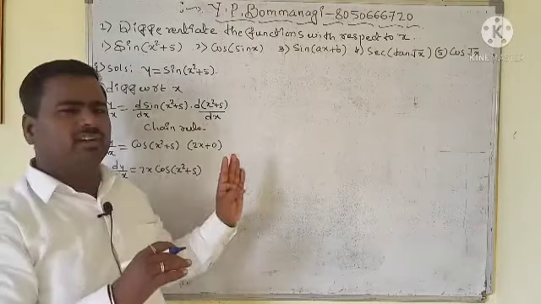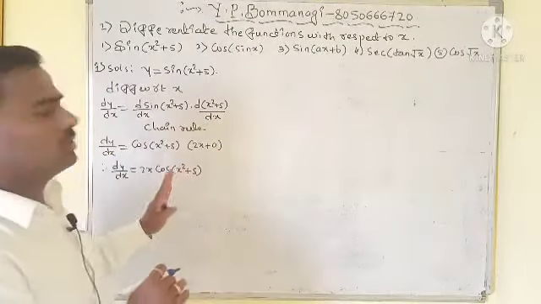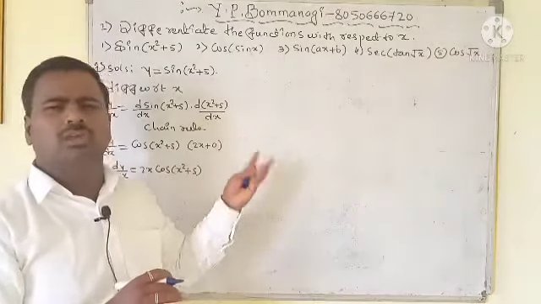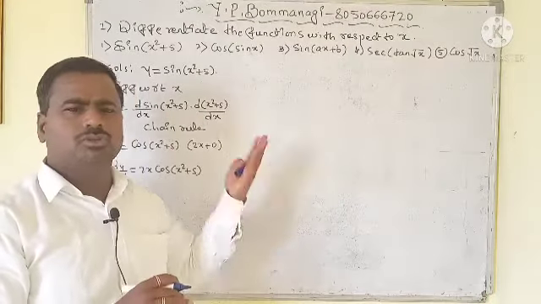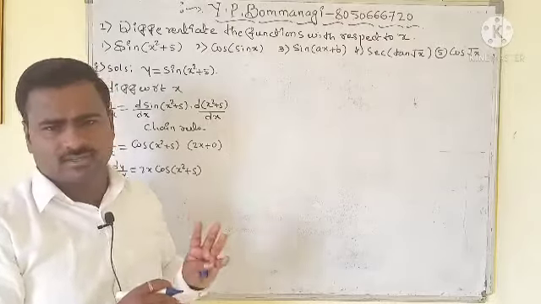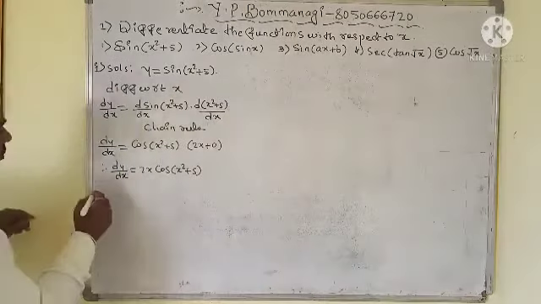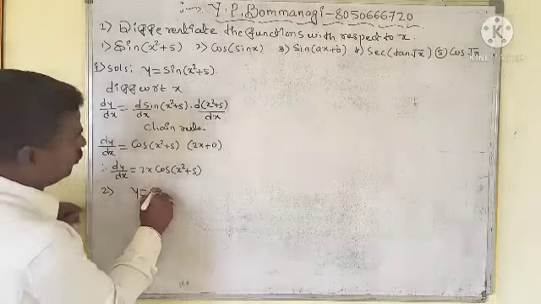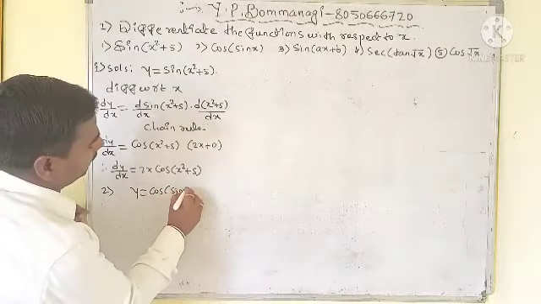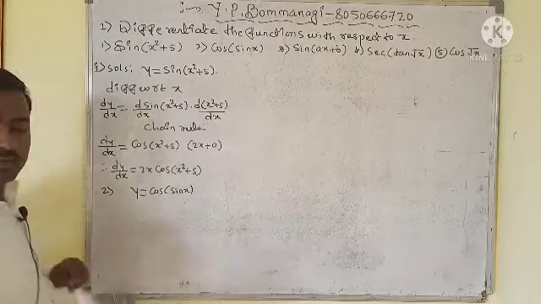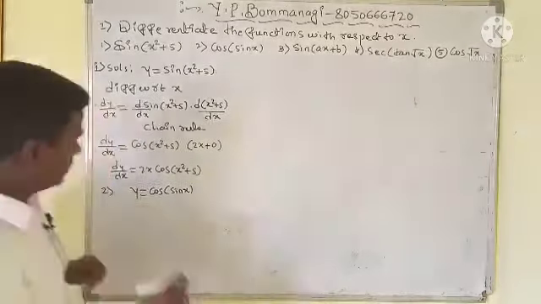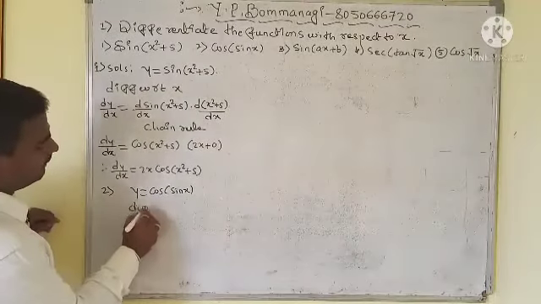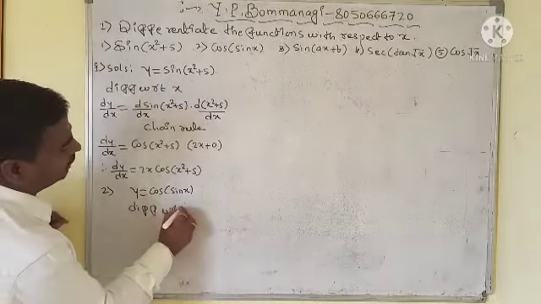So this is the very easiest problem to solve. One marks questions they are asking, and two marks questions there will be so many times. So keep observing. I will go to the second one. What is the second one? y is equal to cos of sine x. Shall I do that directly? Here keep observing how to take the values. Differentiate with respect to x.